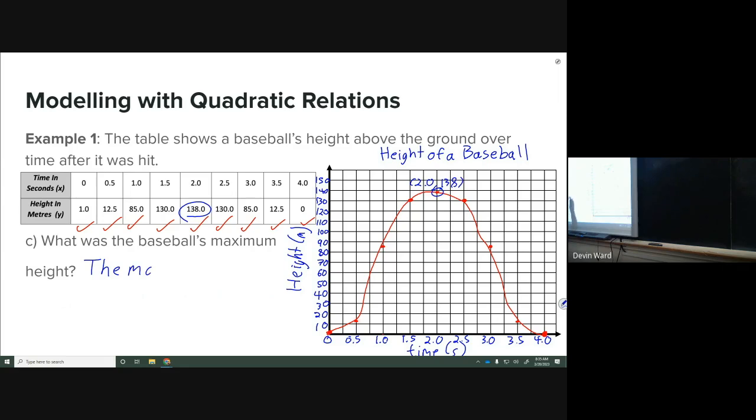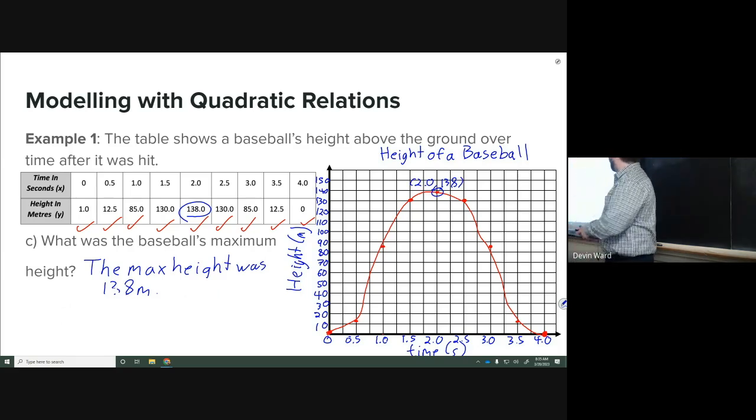So the max height was 138 meters. If you just put 138 meters, that's fine. But make sure you include the units, okay?